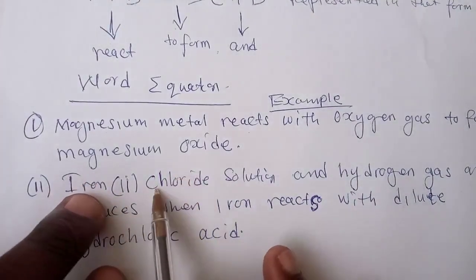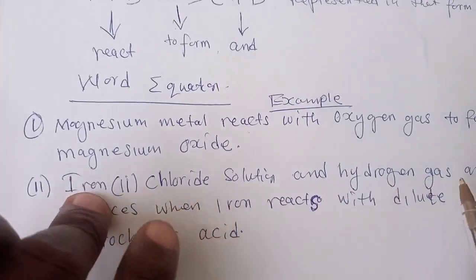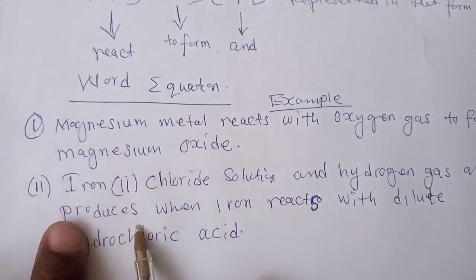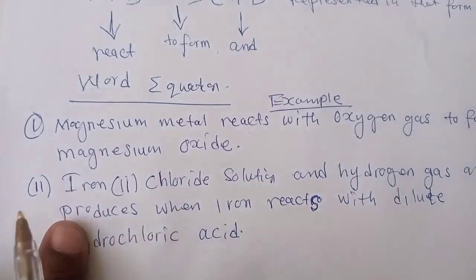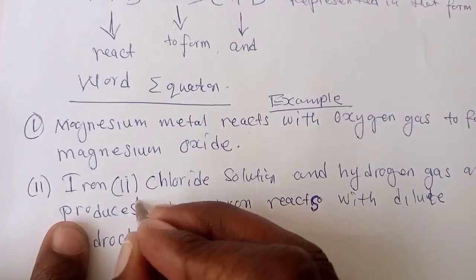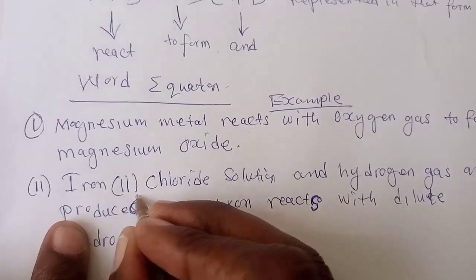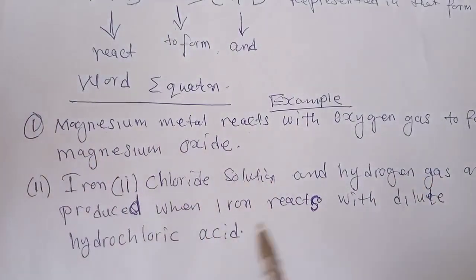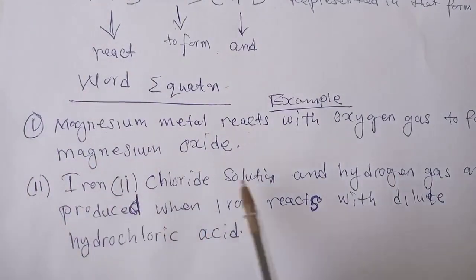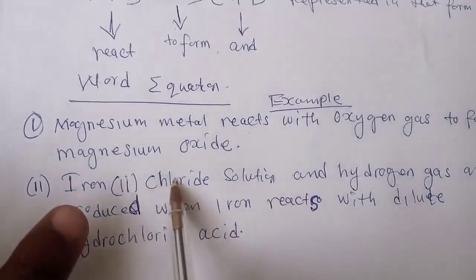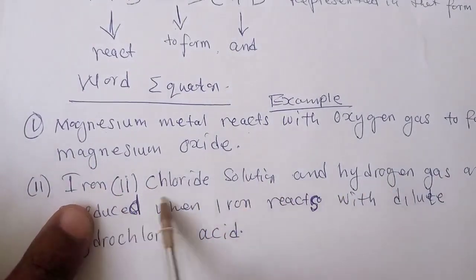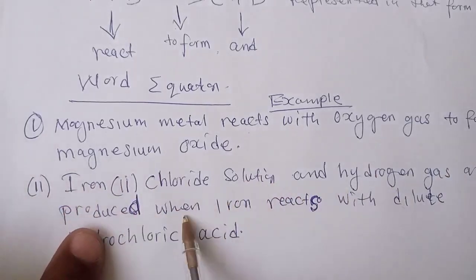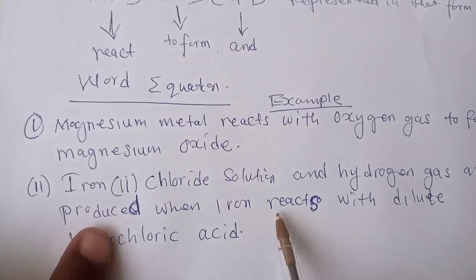You need to know that these are products because they are produced. So these are the products, produced when iron reacts.